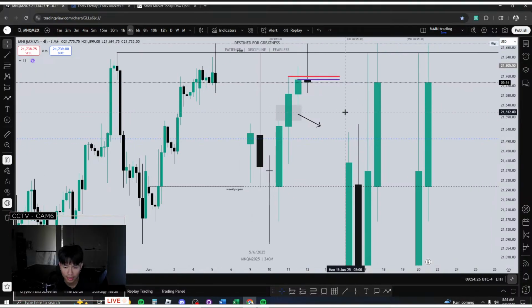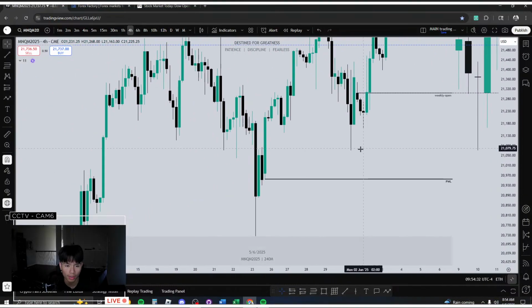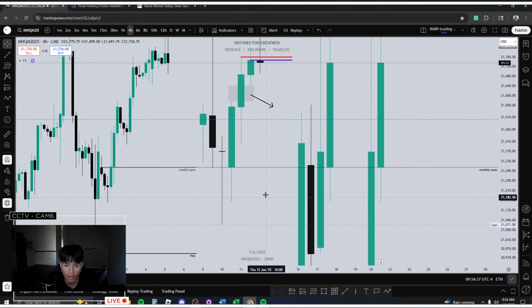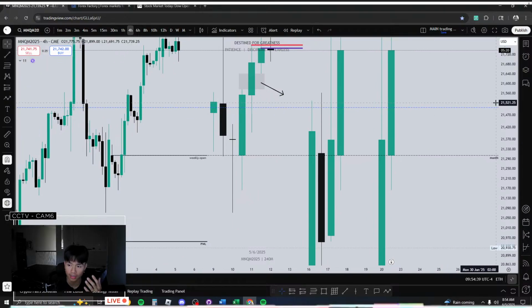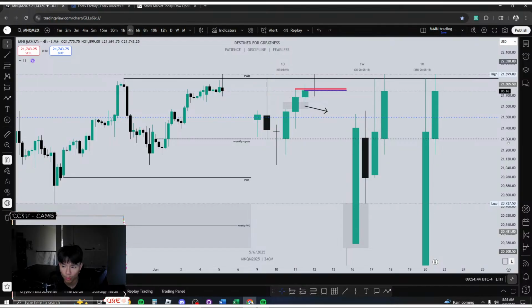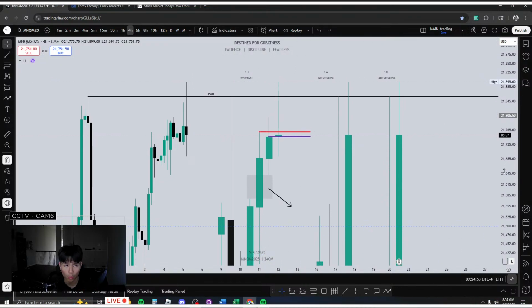I'm sure ICT doesn't really go into too much context of how or when fair value gaps should be treated as a breakaway gap, and this is how I interpret breakaway gaps. So the fact that we closed below the second candle's high on the third candle means to me that we could rebalance into the inefficiency.